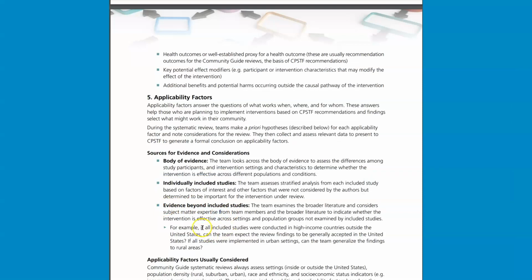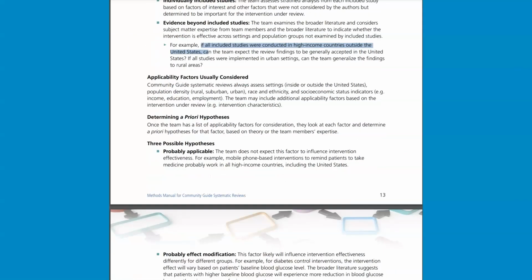For instance, if there's a huge overrepresentation of studies from high-income countries like the United States, then the review findings are generally only applicable to the United States. Maybe it's implemented in urban settings and not rural settings. So these are all considerations to be thinking about.